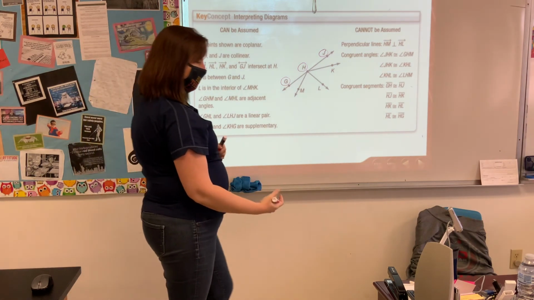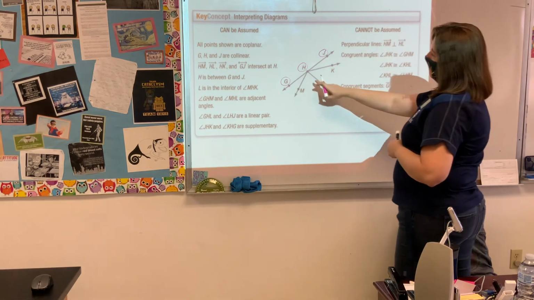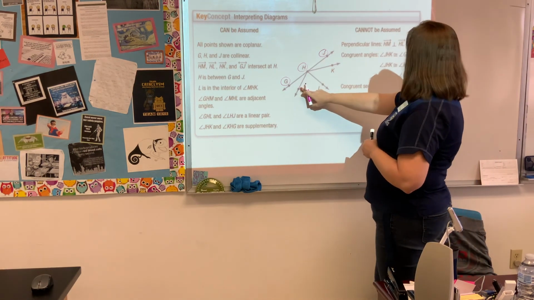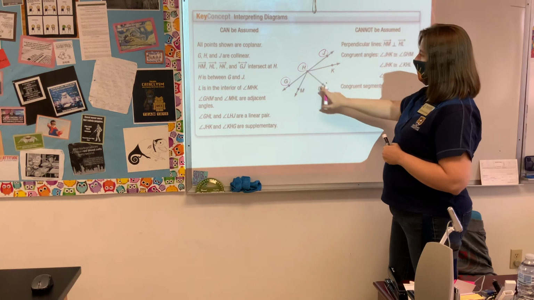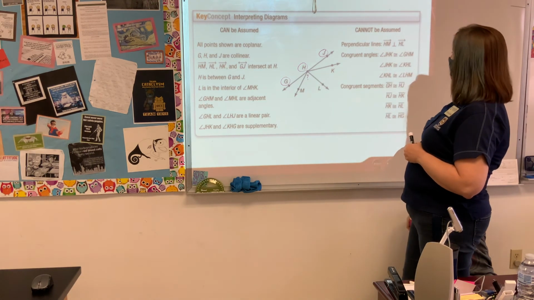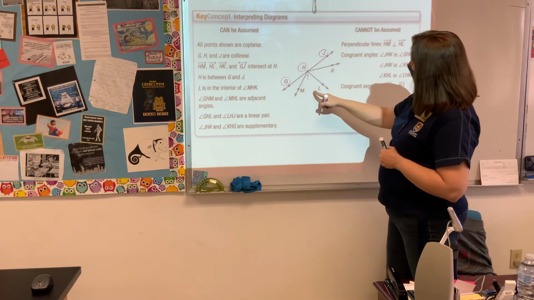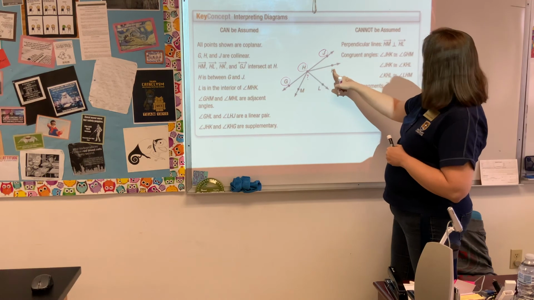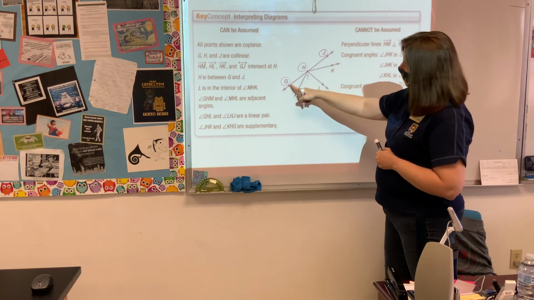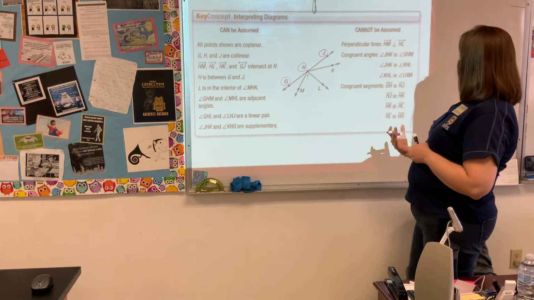But we don't know for certain unless we are told that HM is perpendicular to HL. We really don't know what this angle is right now. Okay, we cannot assume that JHK is congruent to GHM. We don't know their sizes. Okay?